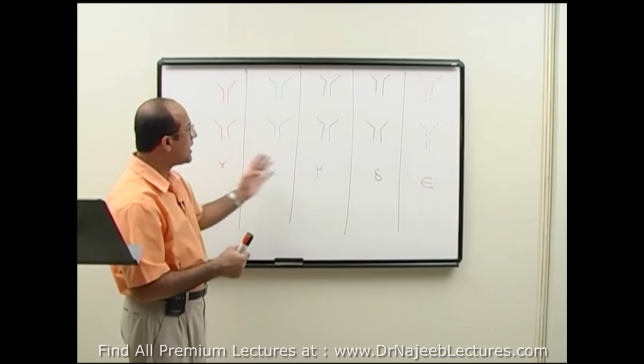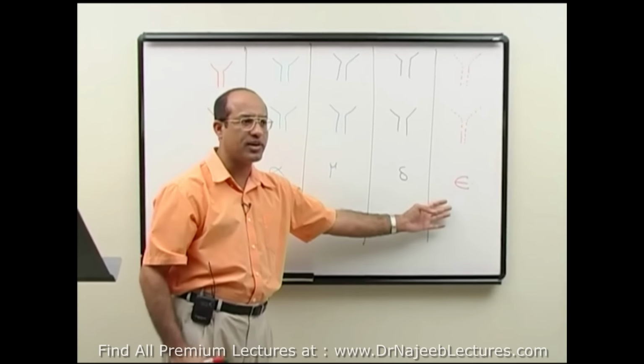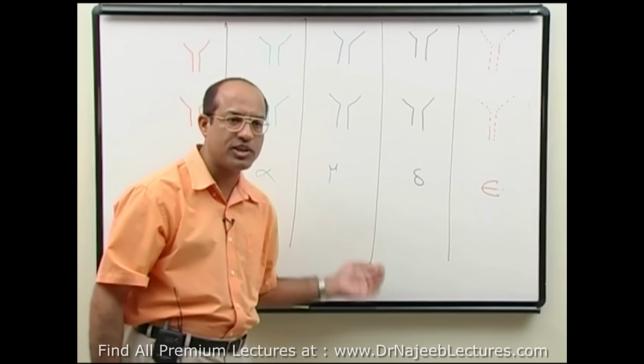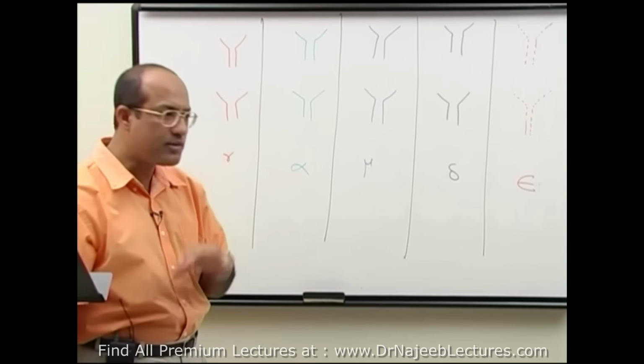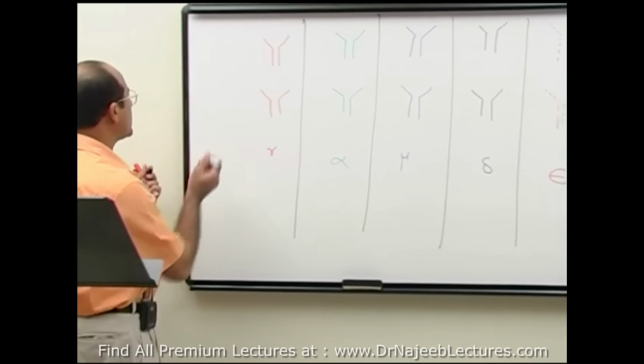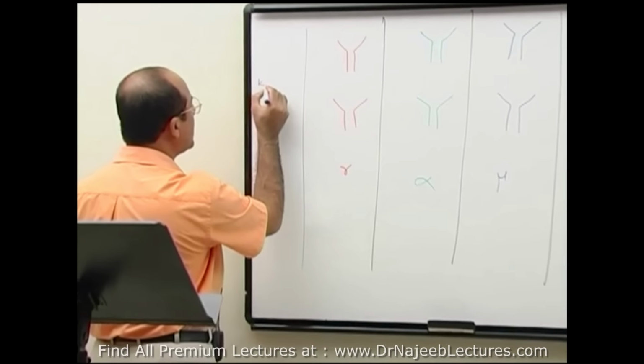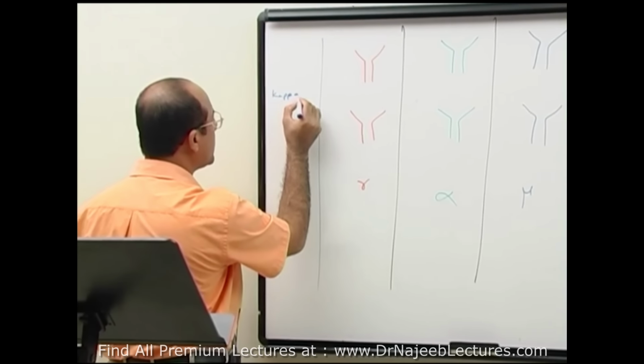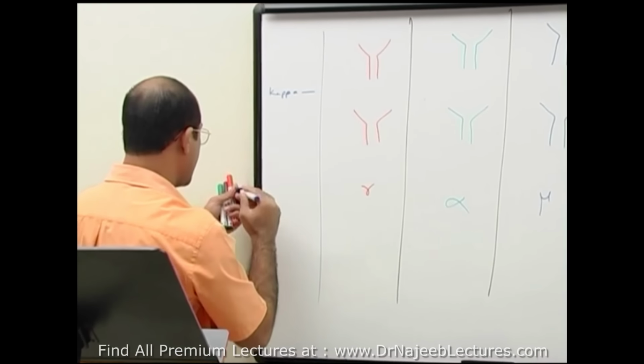So basically antibodies can be classified depending upon the type of heavy chains into 5 classes. But if you look at their light chains, there are only 2 types of light chains. There are kappa light chains, suppose this is kappa light chain, and another is lambda light chains.